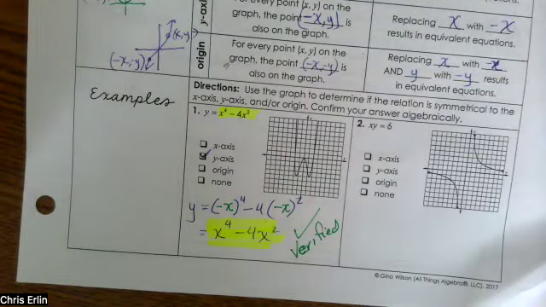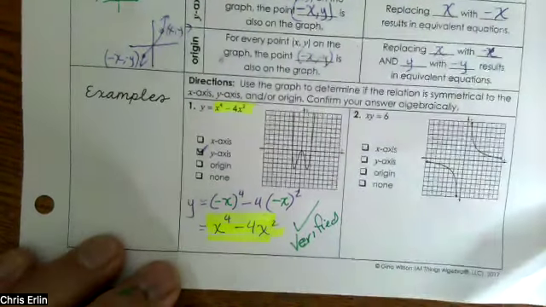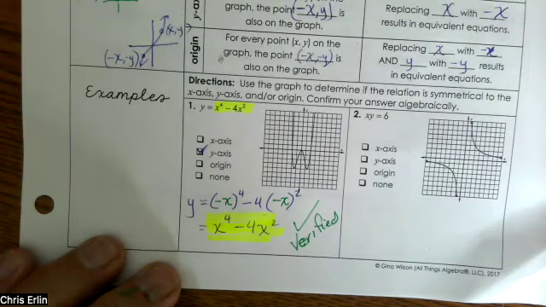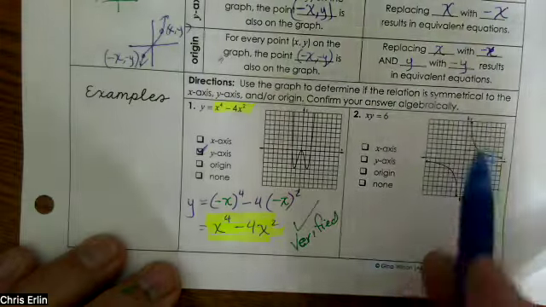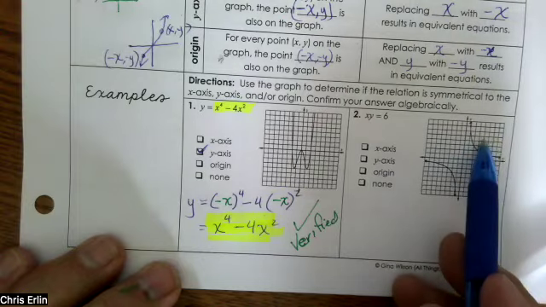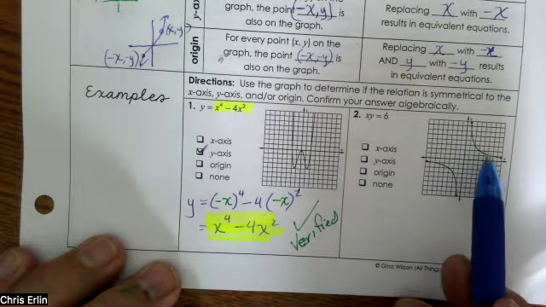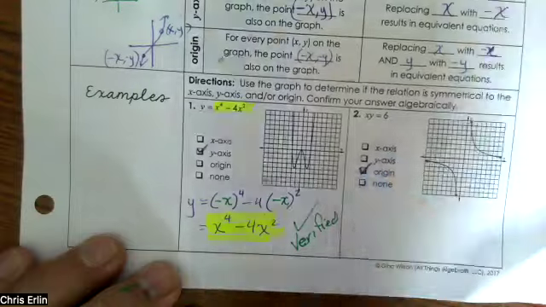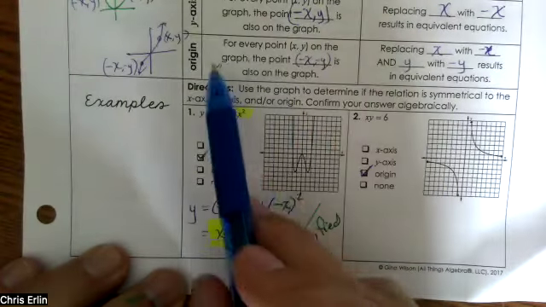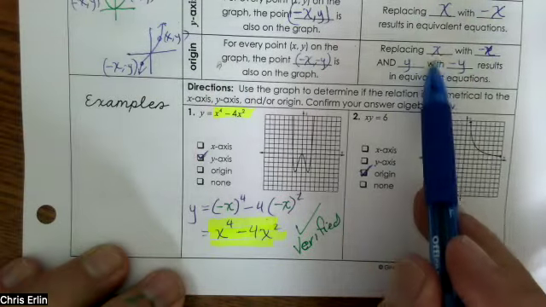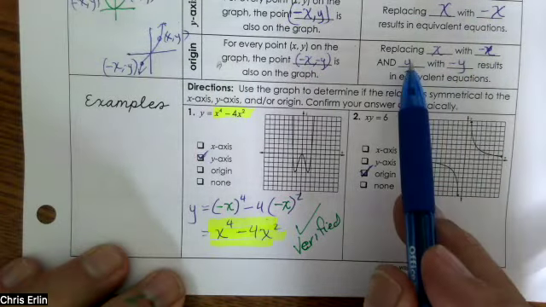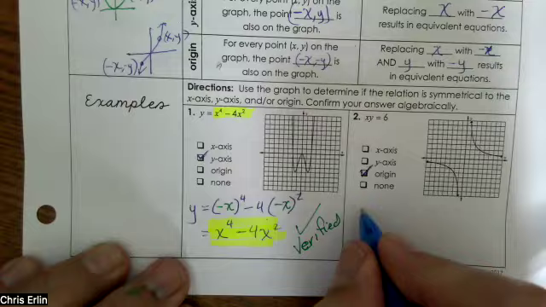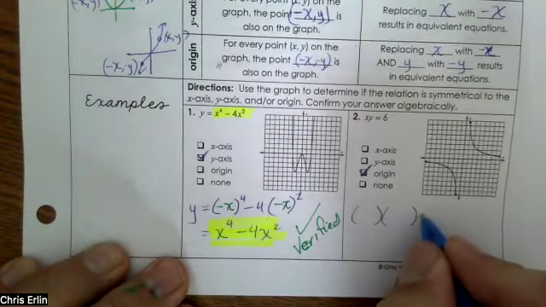Take a look at number 2. Looking at the graph, what do you think is the symmetry? Good. Origin symmetry, right? Rotation of 180. It doesn't reflect just across the y. It doesn't reflect just across the x. But if you flipped this upside down, it would look the same. If I want to test for origin symmetry, I have to replace both the x with negative x and the y with negative y. So I make parentheses for the x and the y.